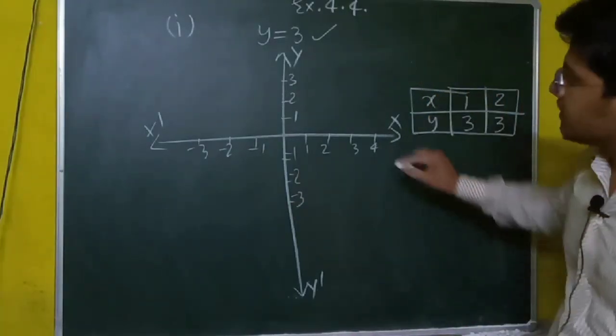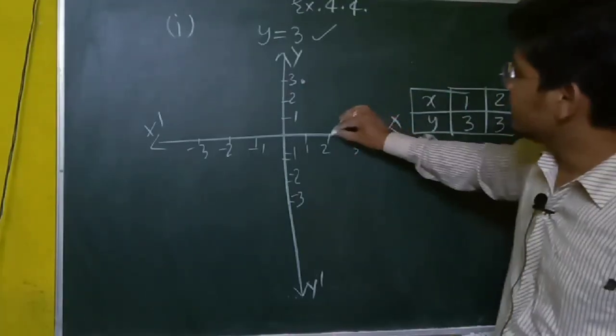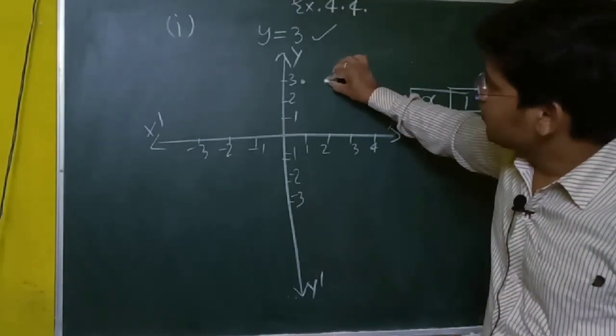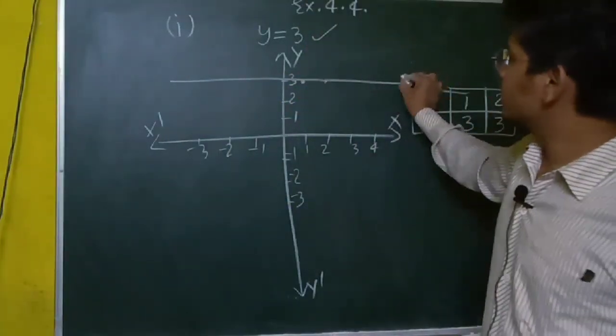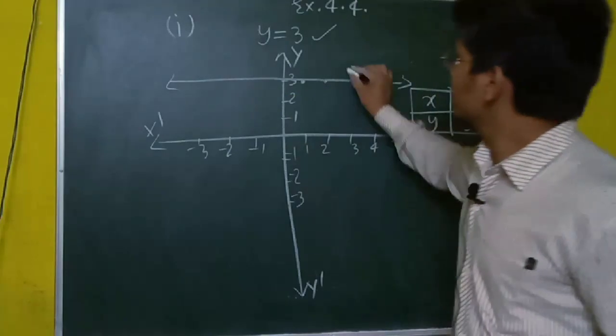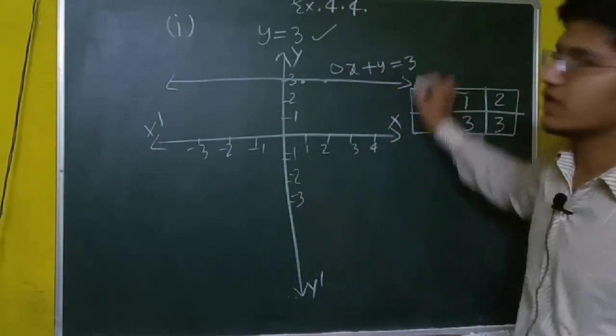Now 1 comma 3 will lie here, then 2 comma 3 will also lie here. We will join these both points. So this is the representation of 0x plus y equals 3.